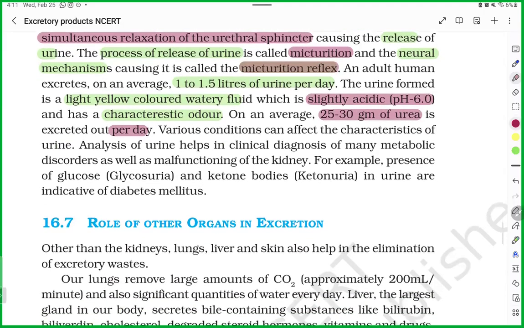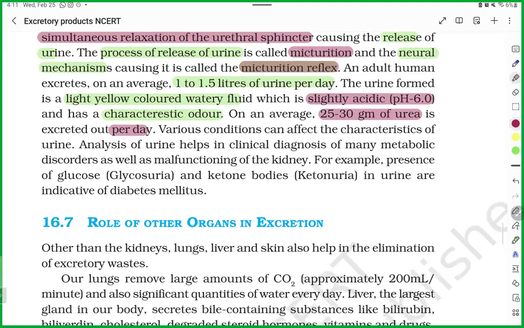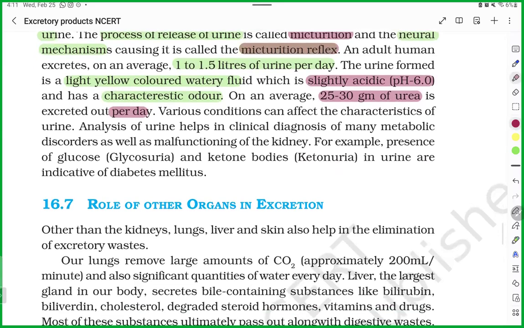Correct? There are multiple conditions that affect the urine characteristics, and based on the analysis of urine, you can identify many diseases. Based on the analysis of the urine, we can find out many metabolic disorders and whether the kidney is working properly or not. For example, if glucose is present in the urine, it is known as glycosuria. If ketone bodies are present in the urine, ketonuria.